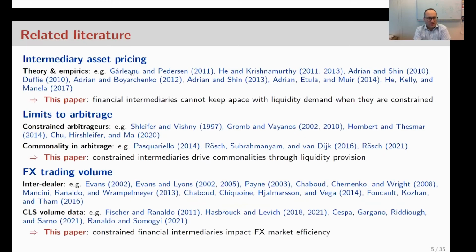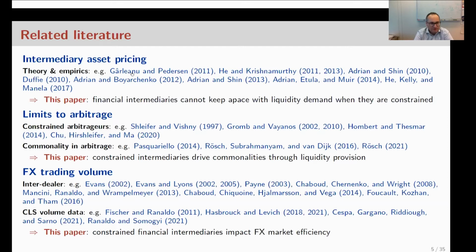Let me give you a brief overview of how the paper fits into the literature. So we believe we make progress in three key areas in the literature. The first is the literature on intermediary asset pricing, which has seen a massive growth very much since the GFC, with a lot of important contributions as listed here on this slide.